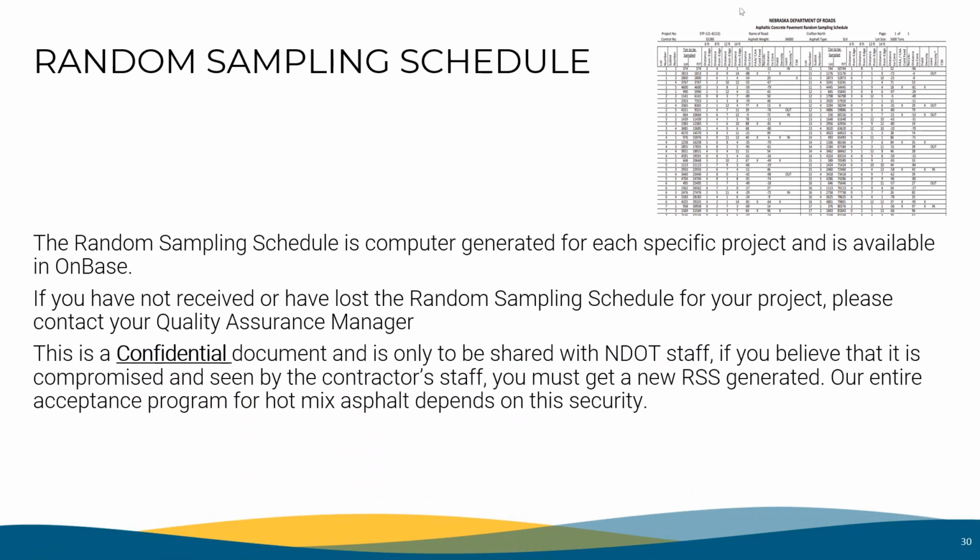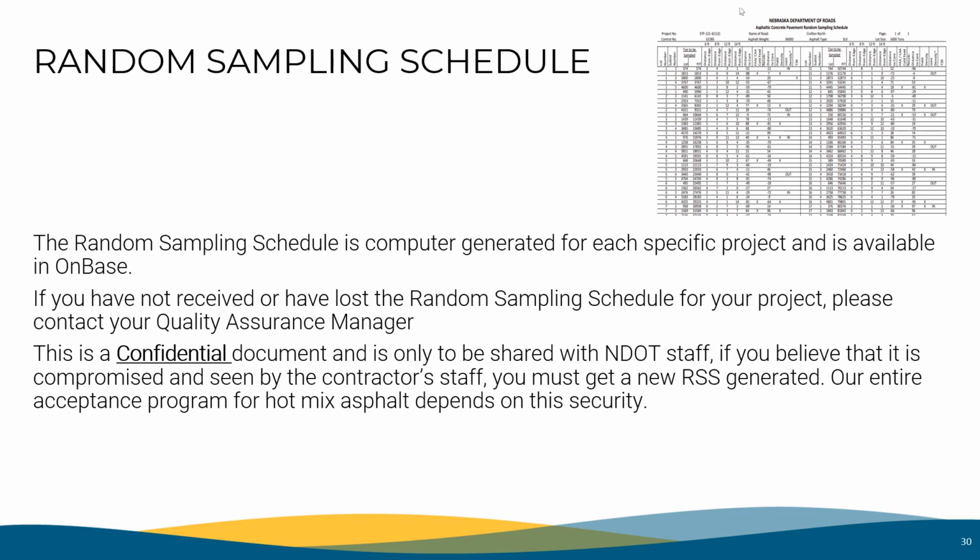This is a top secret and confidential document that is only to be shared with NDOT staff. If you believe that it has been compromised and seen by the contractor's staff, you must get a new RSS generated. Our entire acceptance program for hot mix asphalt depends on this security.